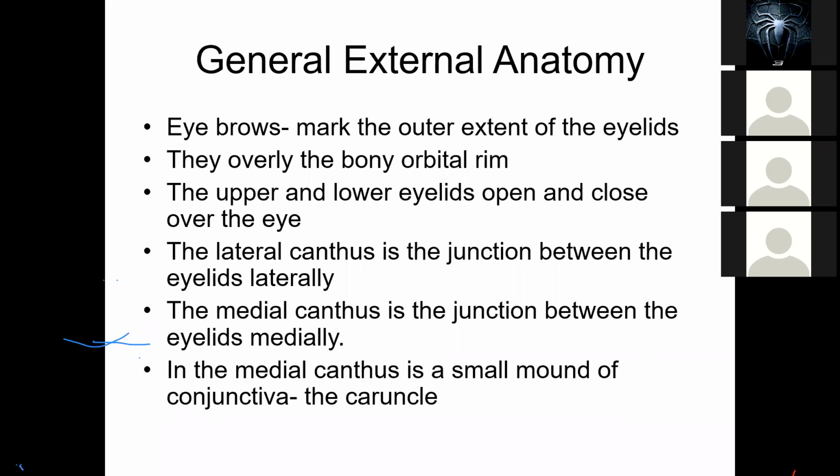And if you look closely into your eye near the medial canthus, you see the, let me get a pointer. Where's the pointer? Okay. All right. Can you all see my?